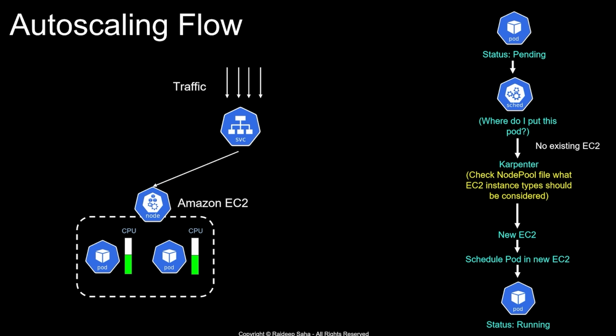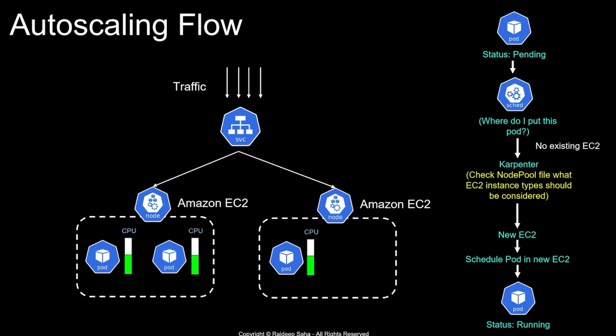Karpenter is going to check this NodePool file, and this NodePool file will specify what type of EC2 instances it should consider along with some other properties. Then Karpenter will pick the most appropriate EC2 instance type from that list specified in the NodePool, and then it will create a new EC2, and the pod will get scheduled on the new EC2 with the status running.